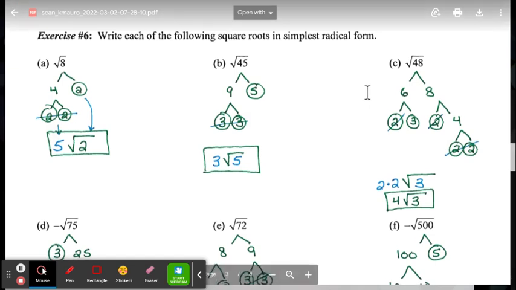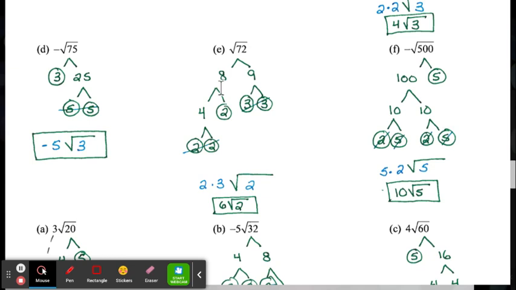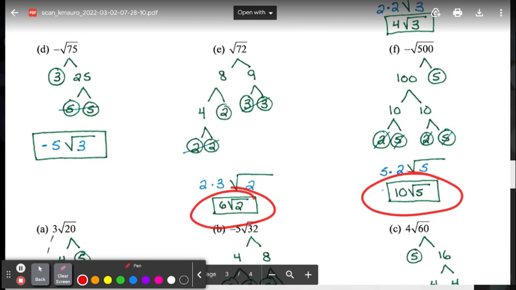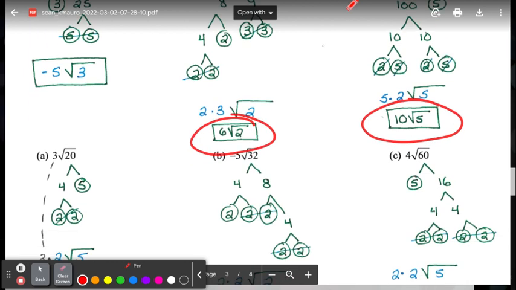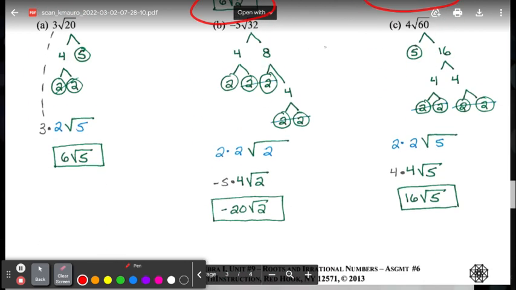And if you need to pause this, you can. We did not do E and F together, so check those. What I would do is focus on the answer. If your answer doesn't match mine, then go back and look at my work. And then the last row, we did the first one together.